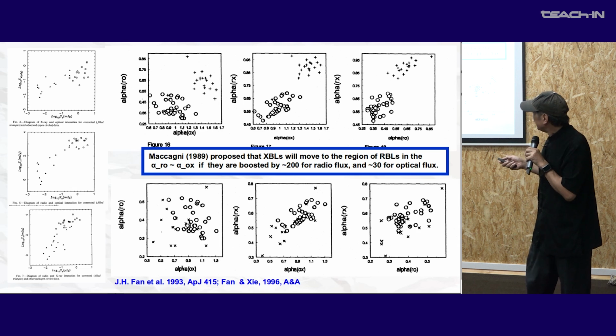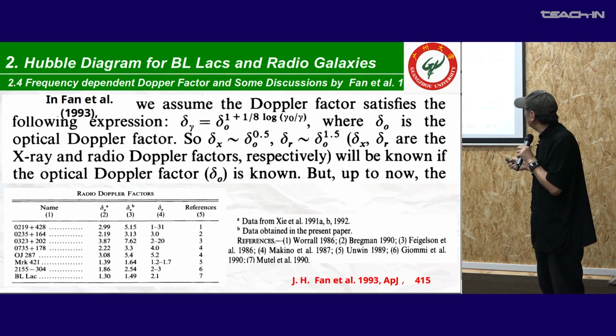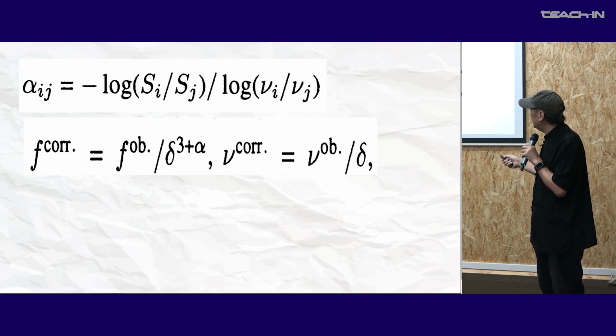So we hope to do this using this relation. We have the optical Doppler factor, so we can get the radio and X-ray Doppler factor. Then we can get the intrinsic flux density in this way, and this is for the frequency.